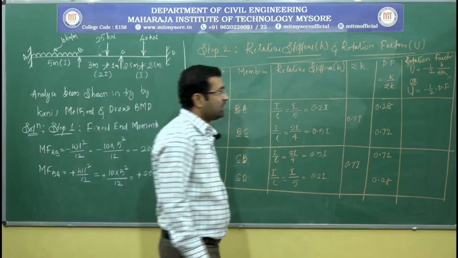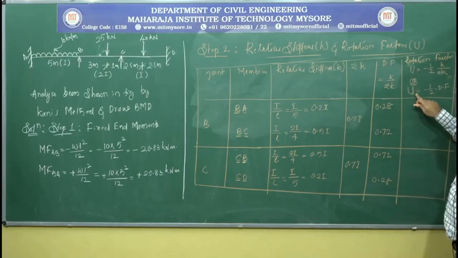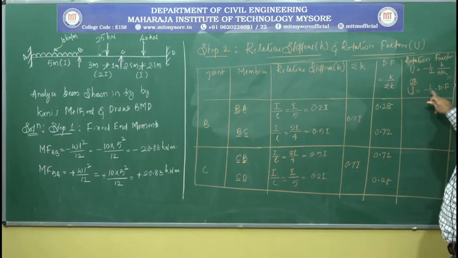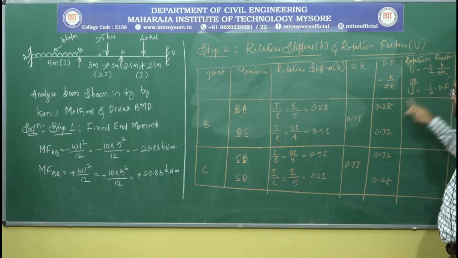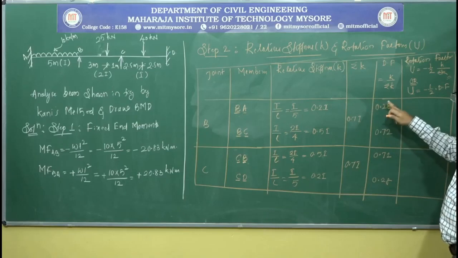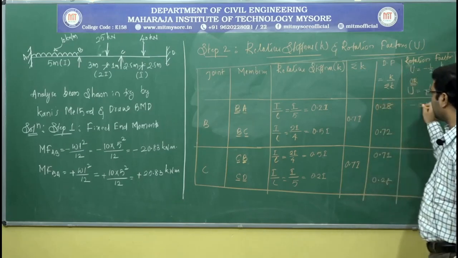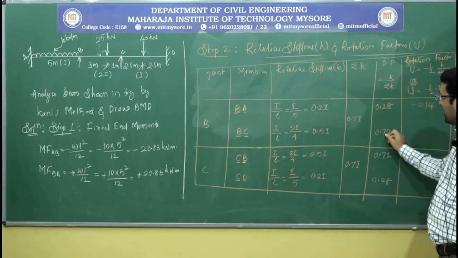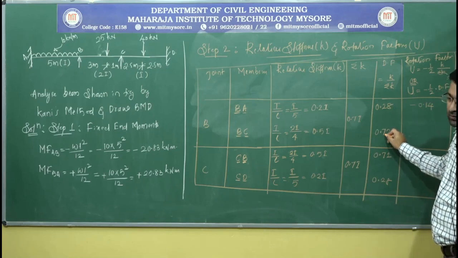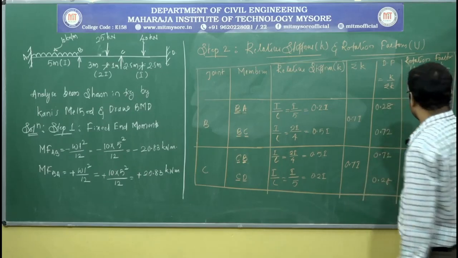Now the rotation factor. You can use either this formula or this formula. I will use this: the rotation factor is equal to minus half of the distribution factor. Half of 0.28 is minus 0.14, exactly half of this, just use the negative sign. Half of 0.72 is minus 0.36.